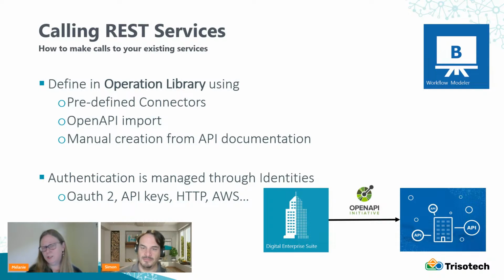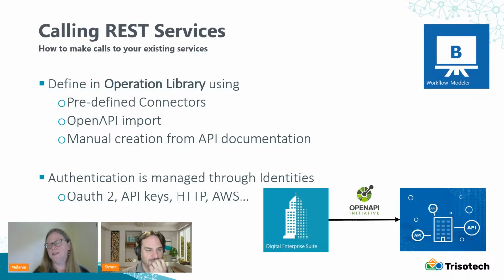We have a bunch of predefined connectors available to you. You can import any JSON Swagger file into this UI as well. And if you don't have anything but the documentation of the service, then you can create the entry point yourself. Each service is accessible with secure identities.